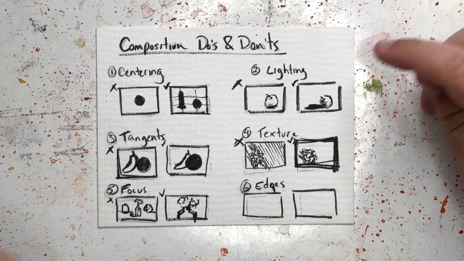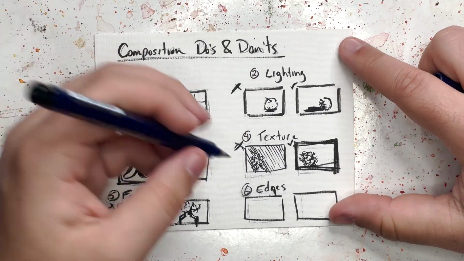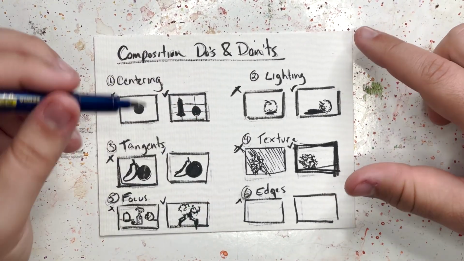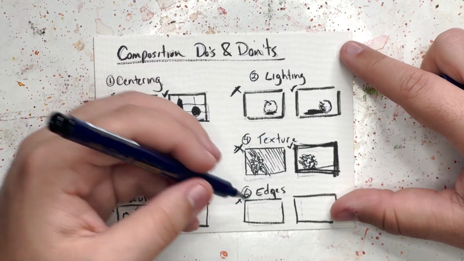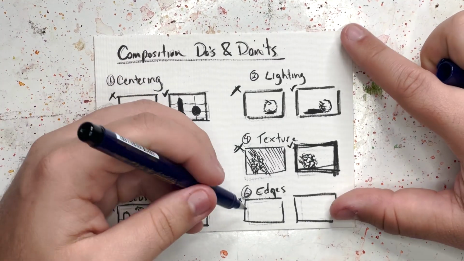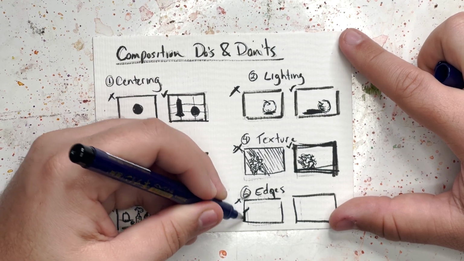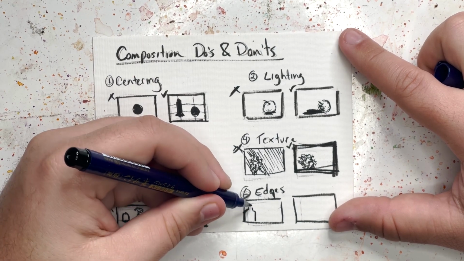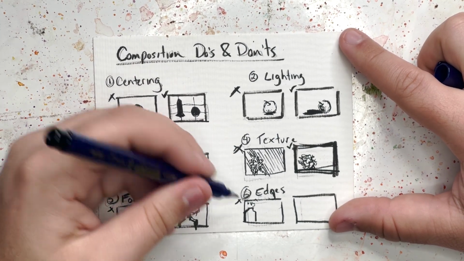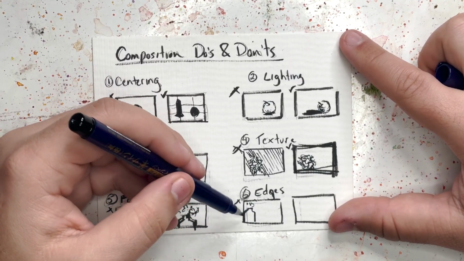And finally, edges. We've got to pay attention to our edges. So for example, a bad example of edges would be, say, I'm continuing on with my vase here. If the vase goes like this and cuts off right at the edge of the paper, that's not a good composition, right? We want some space here.